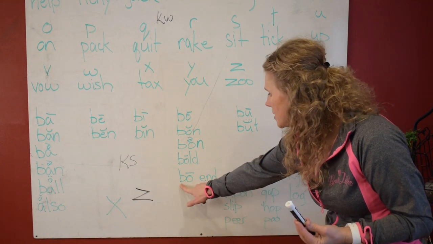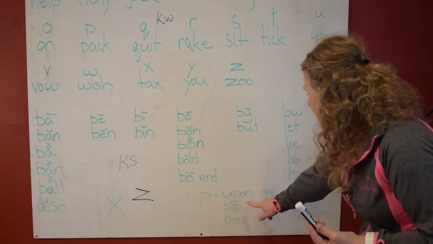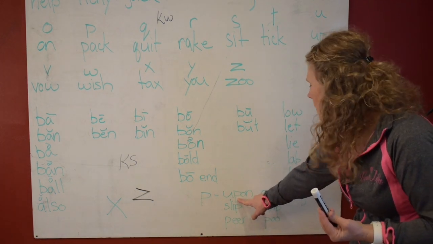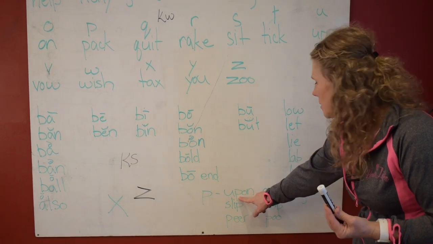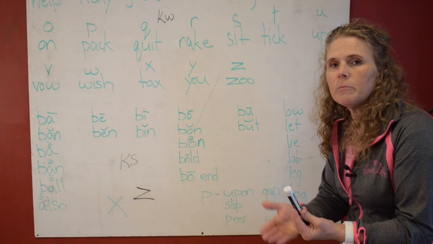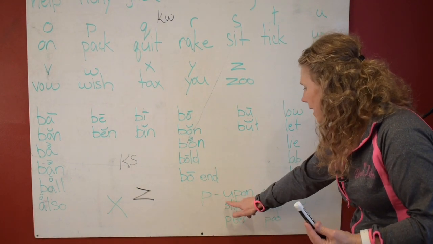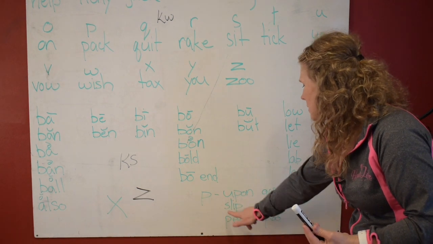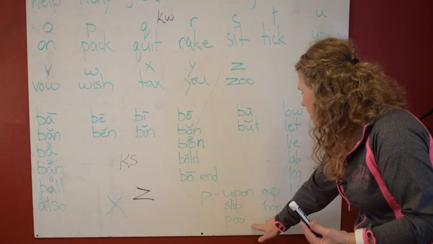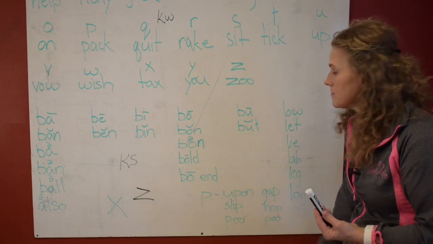Because they get tricked up with the B's and the D's. But it also makes the P sound. When you put it with the other letters, a lot of children want to say PU or a PA. So don't do that. It's just up, on, slip, peer, gap, hop, poo.